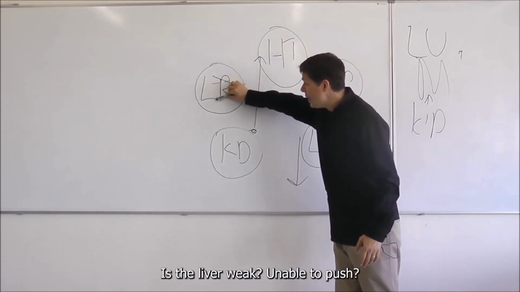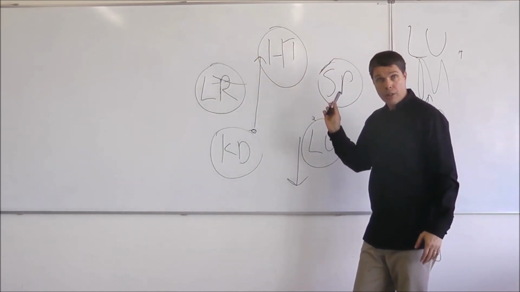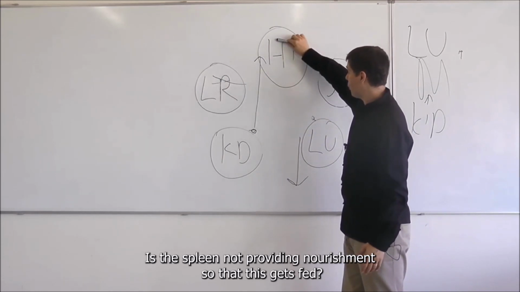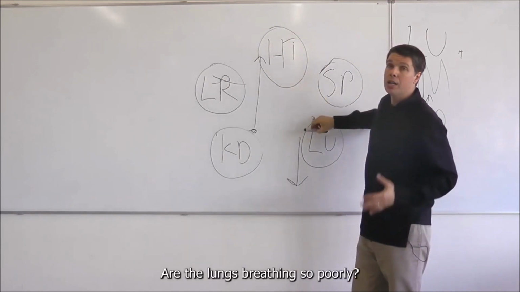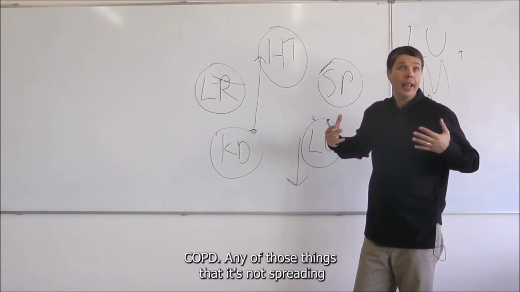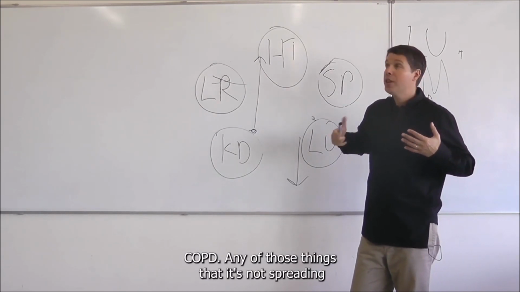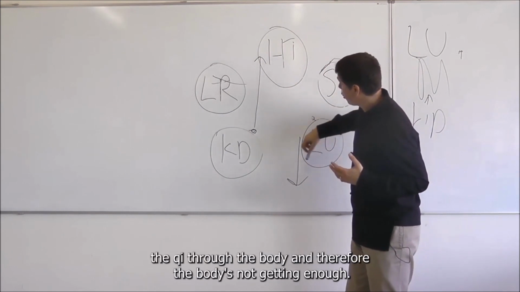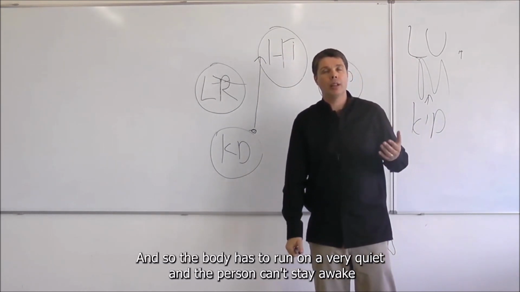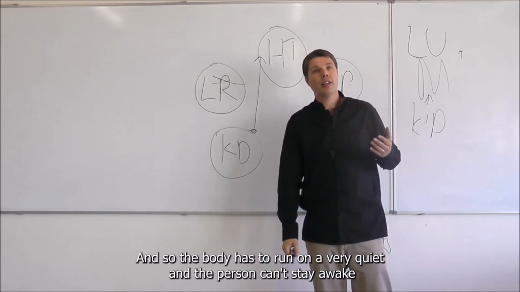Is the liver weak, unable to push? Is the spleen not providing nourishment so that this gets fed? Are the lungs breathing so poorly, COPD, any of those things, that it's not spreading the qi through the body, and therefore the body's not getting enough, and so the body has to run on very quiet, and the person can't stay awake.